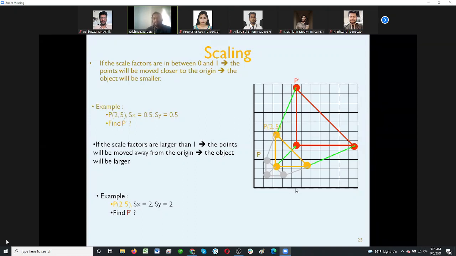So the new point is now at 4 and 10. The same way, this one, if it is 1 and 2, becomes 4 and 2.